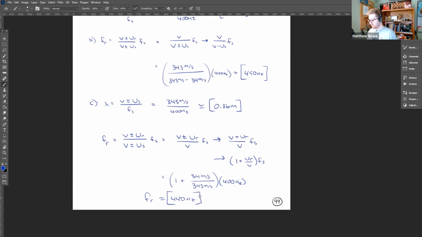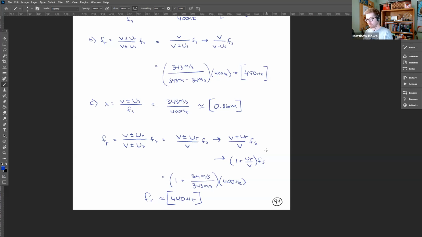So this is not the same as that. So it does depend on whether the source or the receiver is moving. And it's because of the Doppler effect, because of this process I just did, that you can learn a whole lot about the situation. As long as you know the appropriate pieces, you can know how fast the receiver is moving.